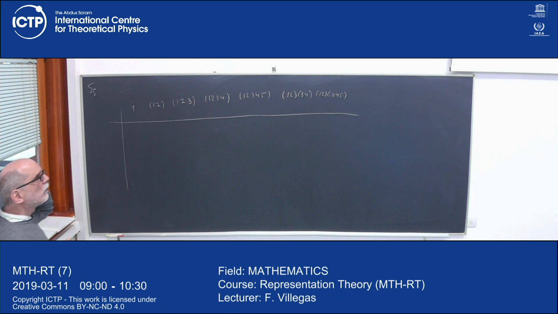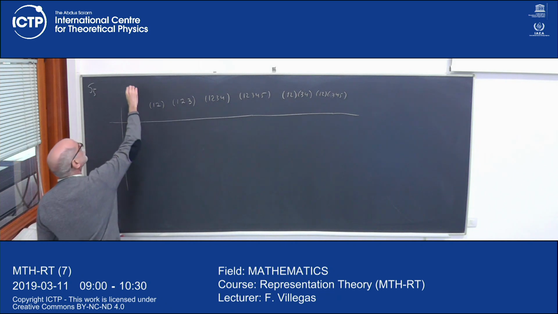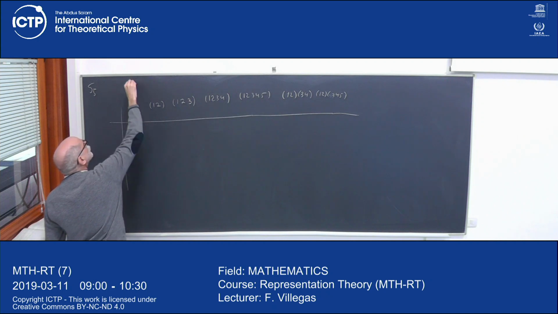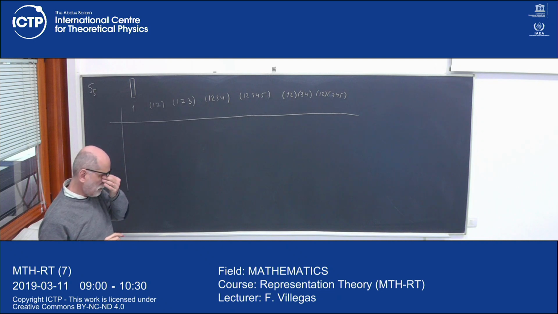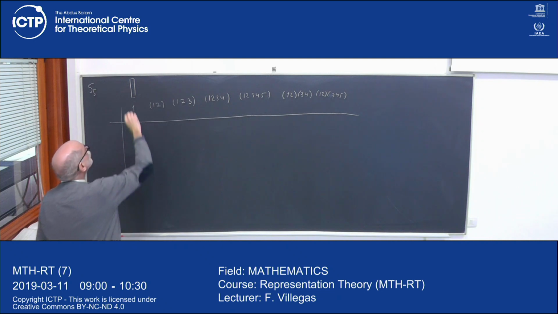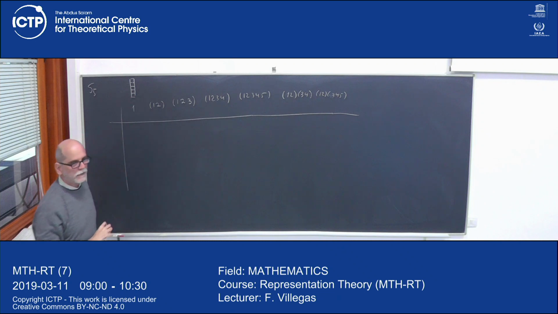Okay, so these cycle types are indexed by partitions of the number 5. I think I mentioned this before. A convenient way to write these things is in terms of these diagrams called Ferrers or Young diagrams.